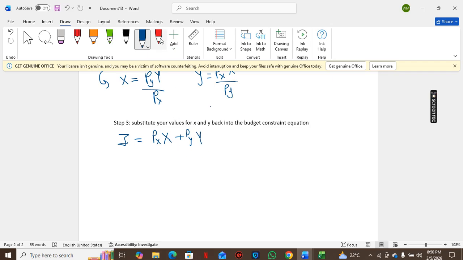So this x equals PY y over PX. We are bringing it in here.